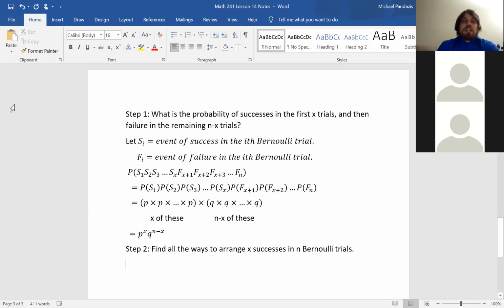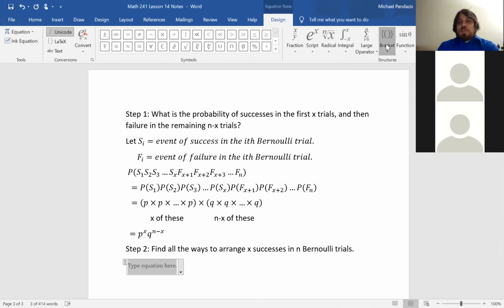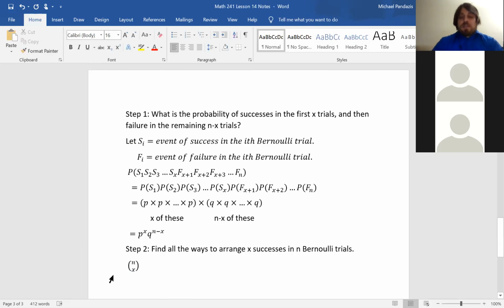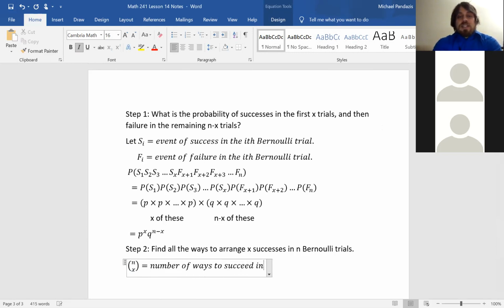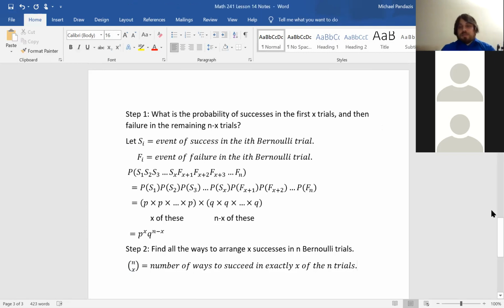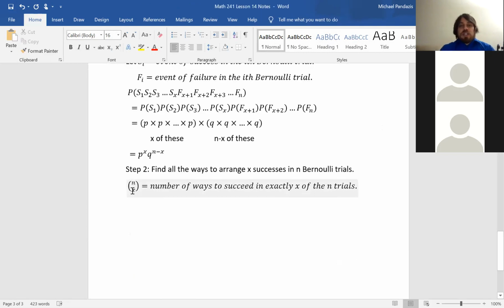We have a simple combinatorial representation of that situation. If you have a total of n trials, there's n choose x many ways. This is the number of ways to succeed in exactly x of the n Bernoulli trials. You're just choosing x of the total n to be successes.